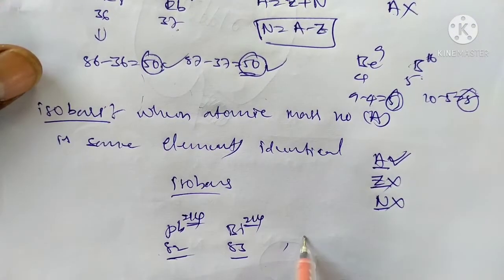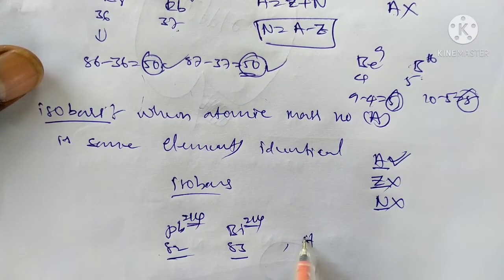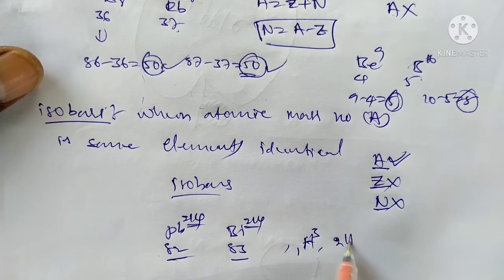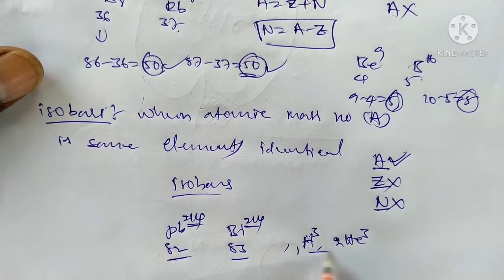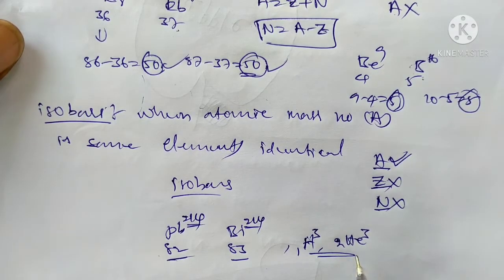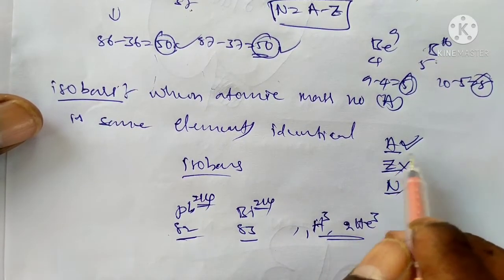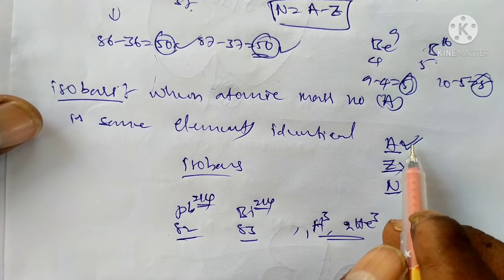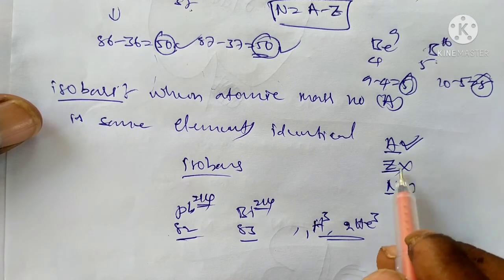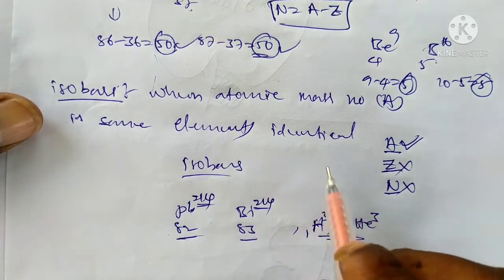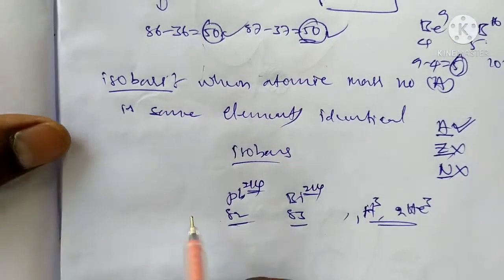Another example is 1H3 and 2He3. These are examples of isobars: only the atomic mass number is the same, while the atomic number and neutron number are different. This type of element is called isobars. Next, isomers.